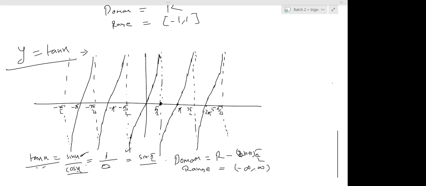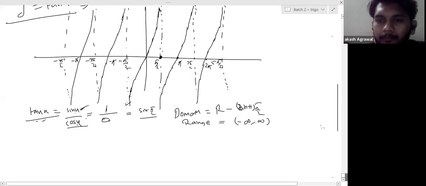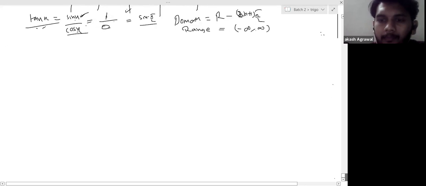Done with this graph? All right. y equals cosec x.